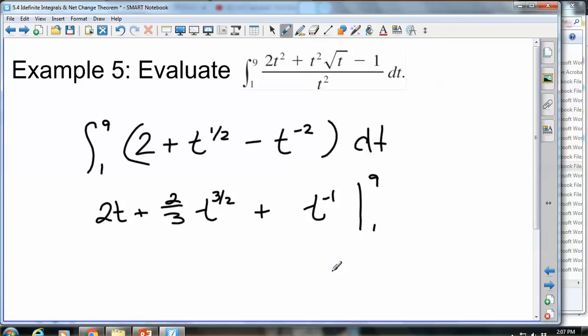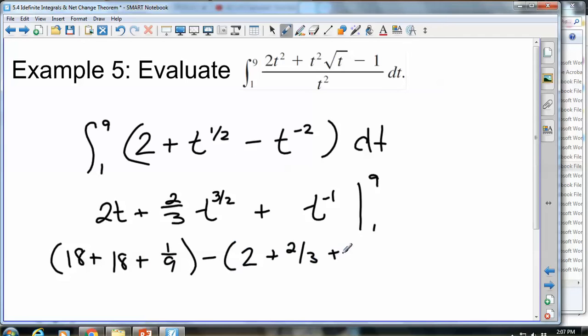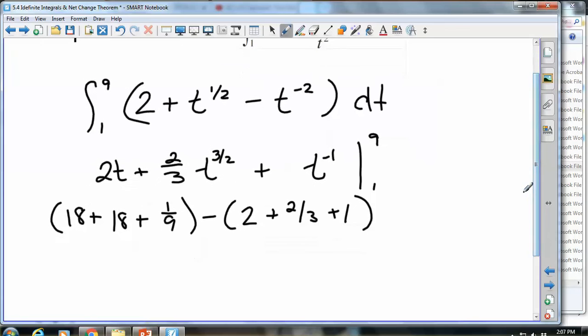Evaluating from 1 to 9, so if you put in a 9... 292 over 9.